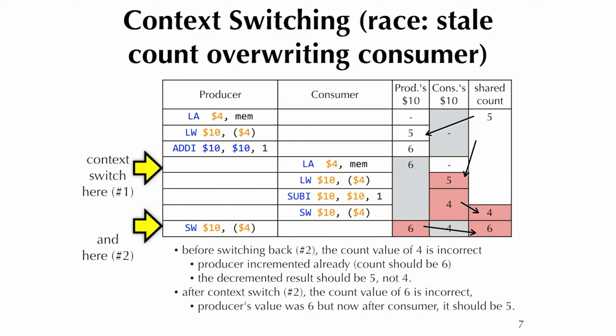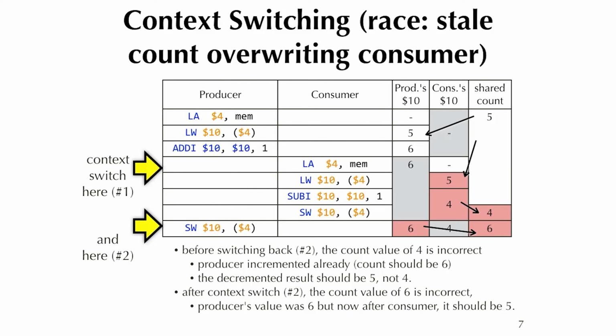The producer's register 10, which now has the value of 6, gets saved before the context switch. Now you start running the consumer, and even though it's using the same physical register, logically it's a different set, right?